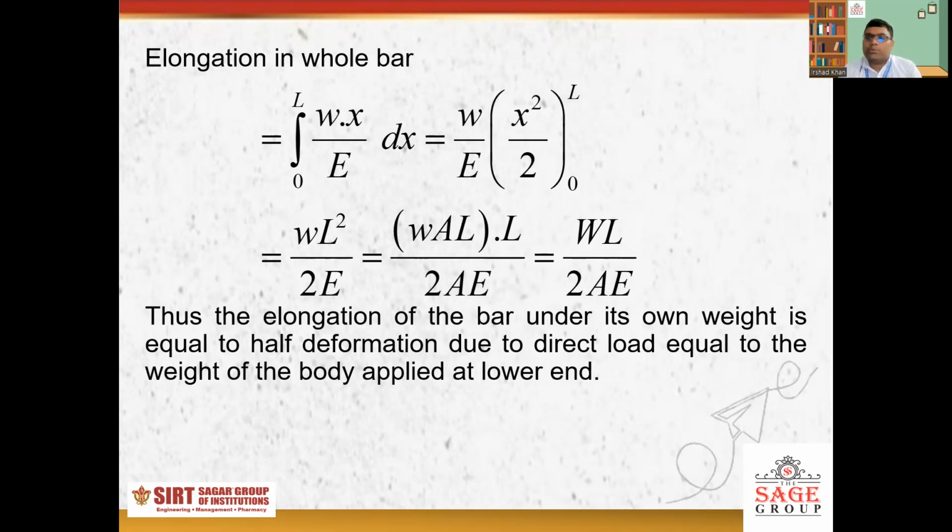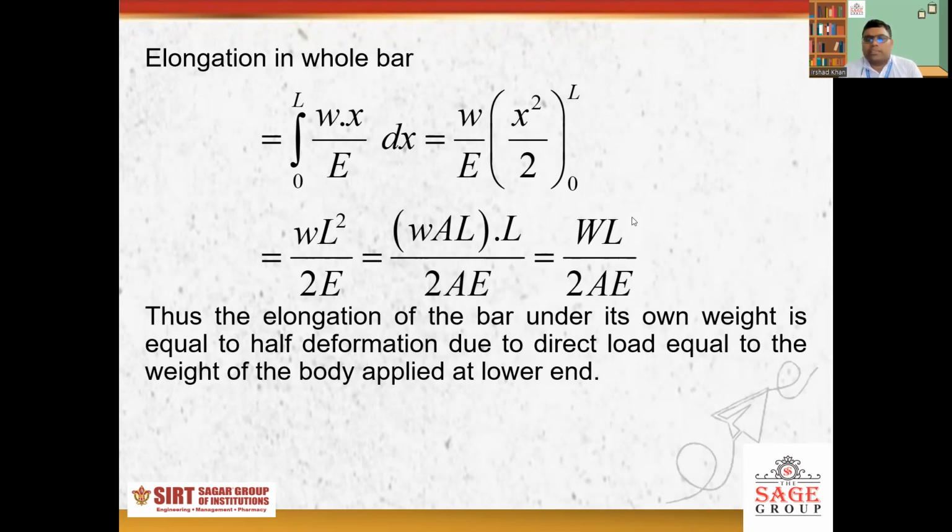This is a simple relation for elongation due to self-weight. If your bar is rectangular, prismatic, or circular, this relation can be applied directly to calculate the elongation due to self-weight. Hope you got this concept.